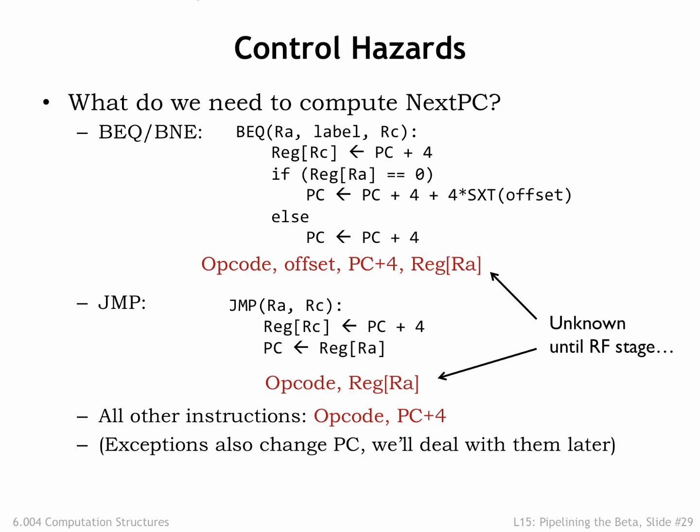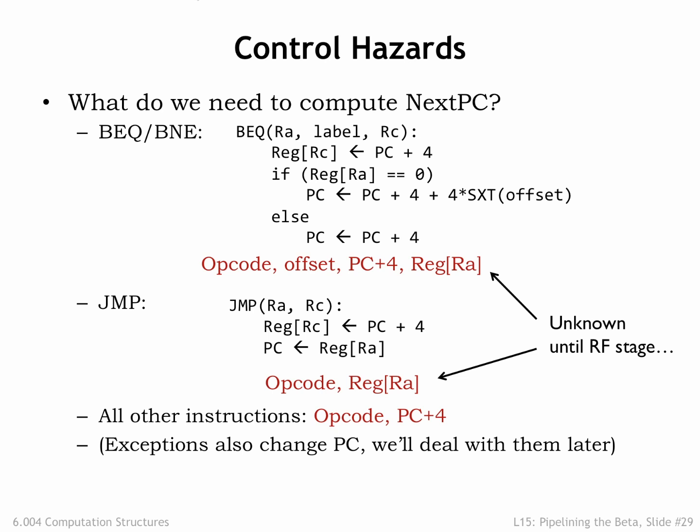Our bypass mechanisms ensure that we'll use the correct value for the RA register, even if it's not yet written into the register file. What we're concerned about here is that the address of the instruction following the jump or branch will be loaded into the program counter at the end of the cycle when the jump or branch is in the RF stage.